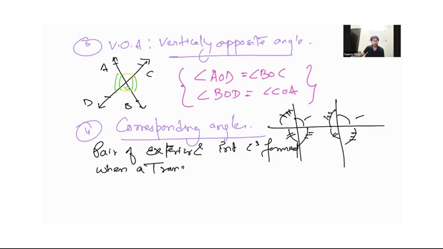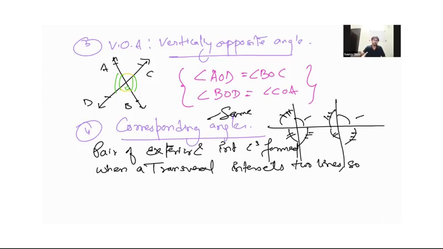When a transversal intersects two lines, both the angles are on the same side. For corresponding angles, they should be on the same side.